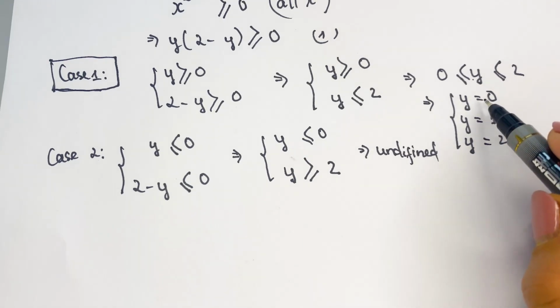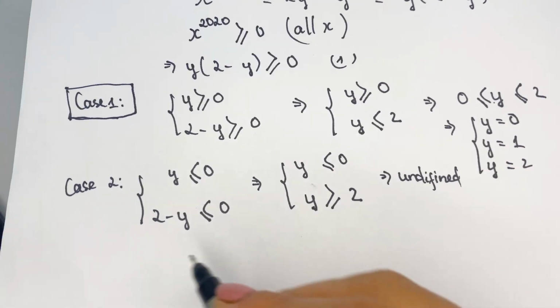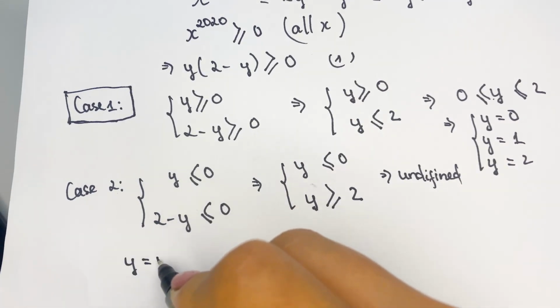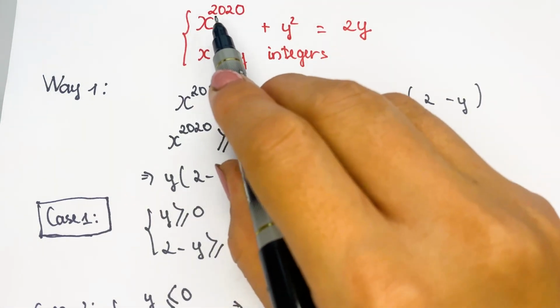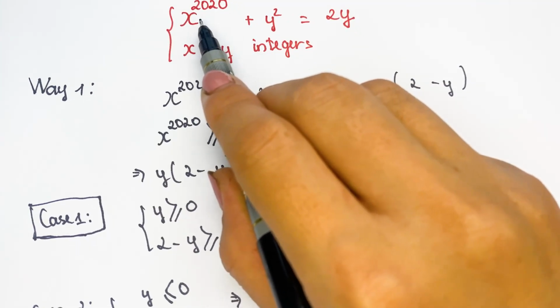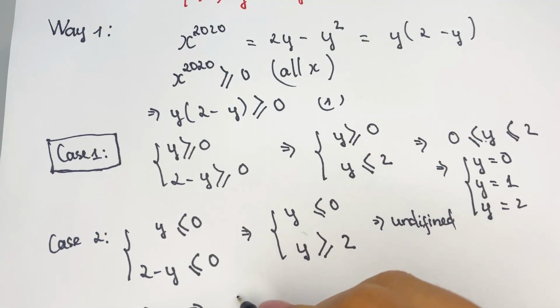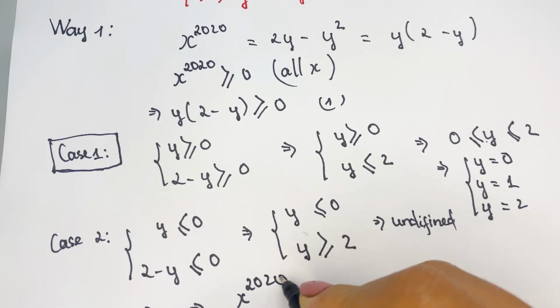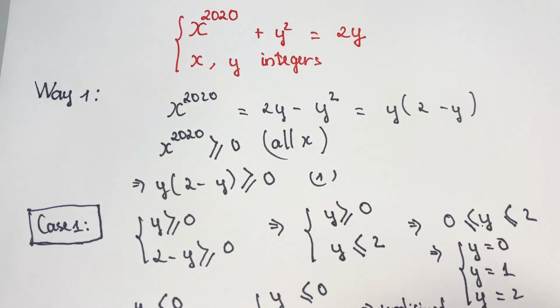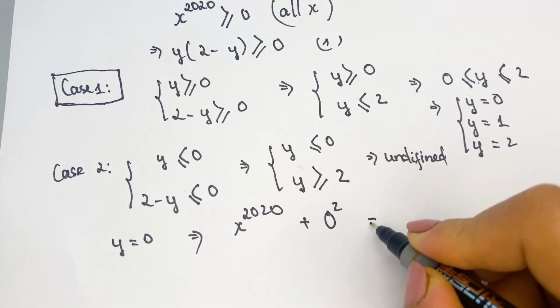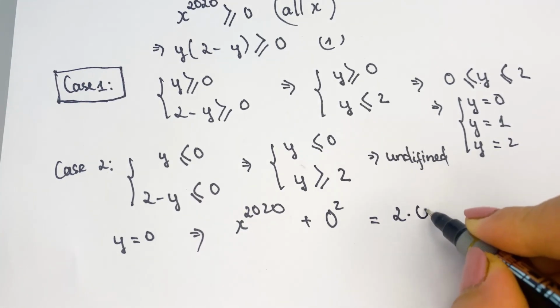We have firstly y equals 0. Y equals 0, so therefore we can substitute into the original equation. We can say x^20 plus 0 squared equals 2 times 0.